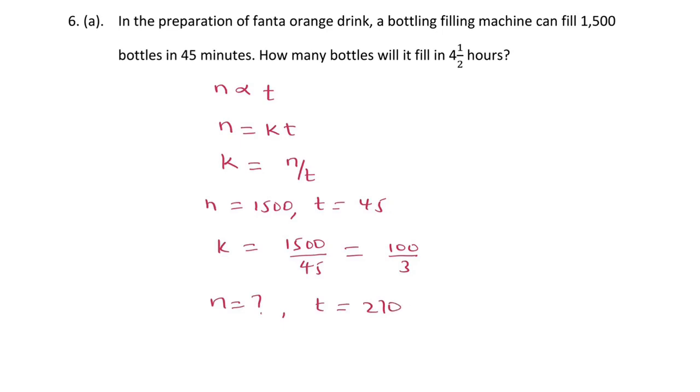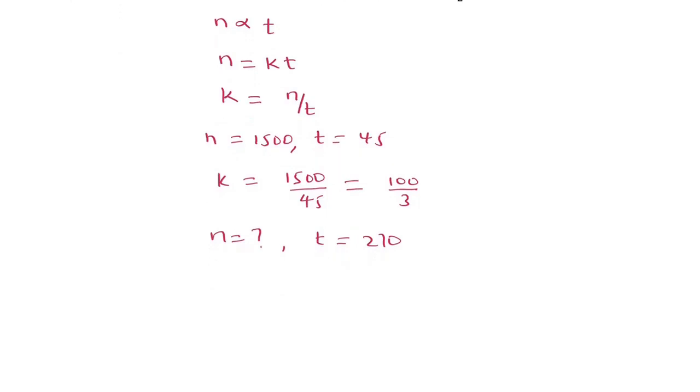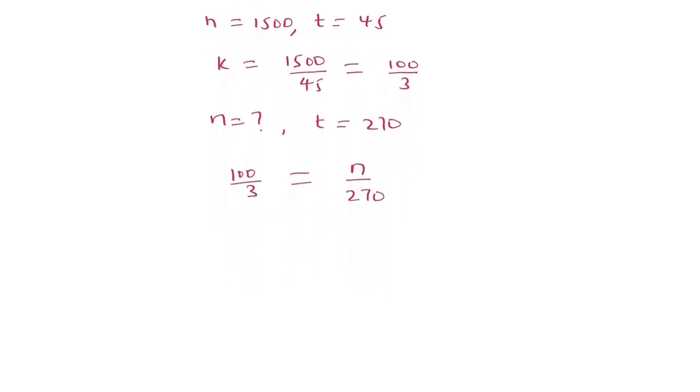Then using the same formula for K and replacing the value of K, our equation is going to be 100 over 3 equals N over 270. Let us cross multiply our equation. Then we have 3N equals 100 times 270.